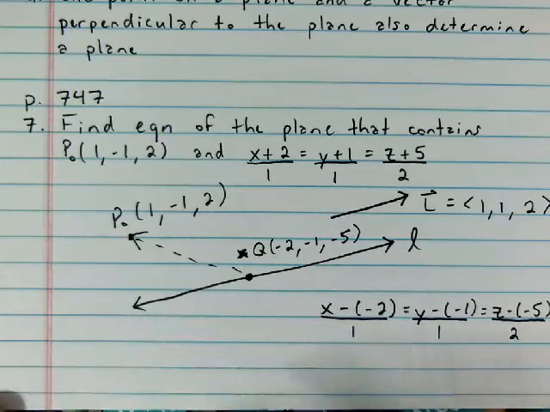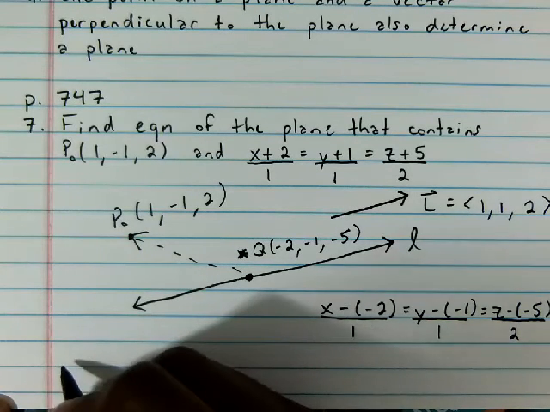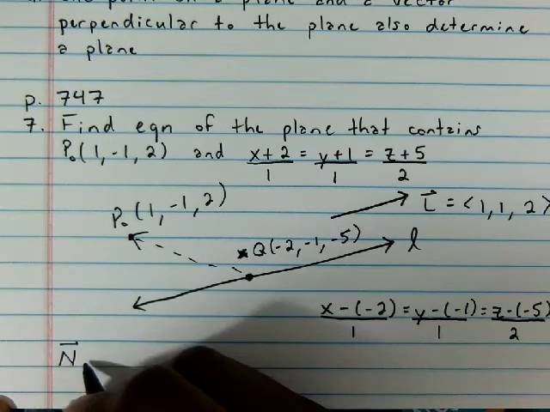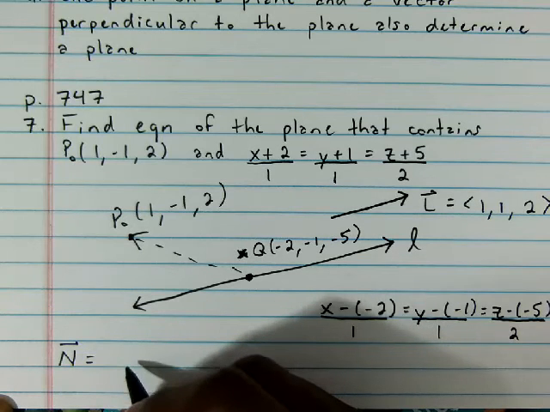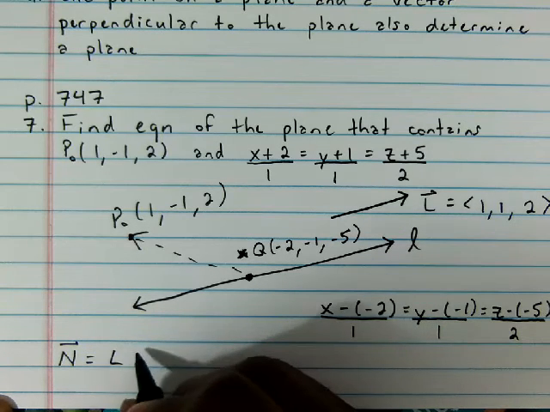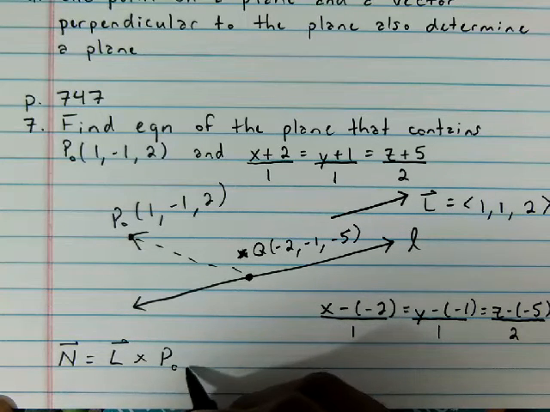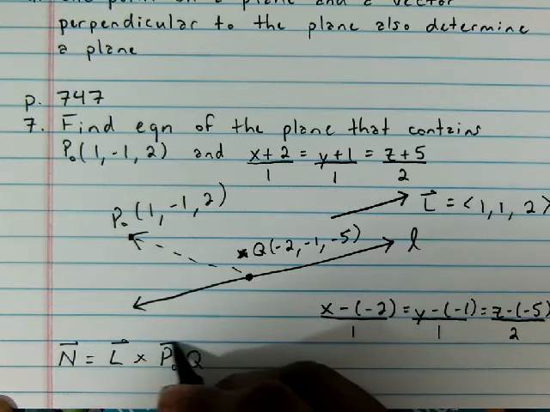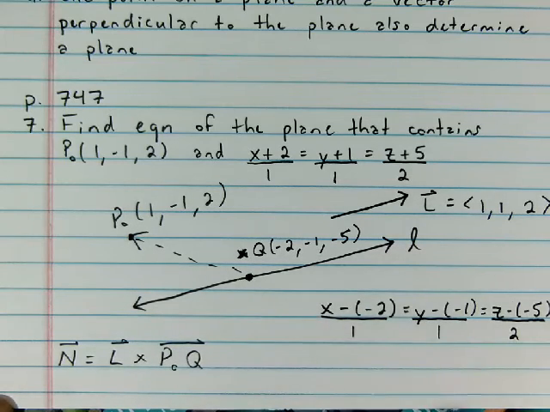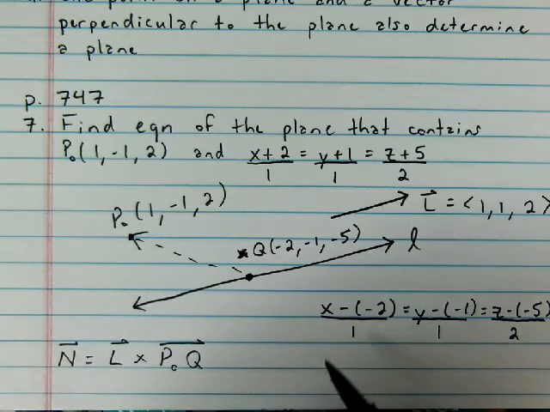So our normal vector n is going to be equal to L cross, let's say, P naught Q. So let's find what P naught Q is.